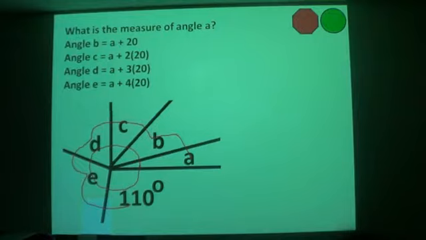How does A relate to B, though? Well, it tells us up here that B is just A plus 20. So we have A plus 20. And C, that's just A plus 40. And D, well, that's just A plus 60.